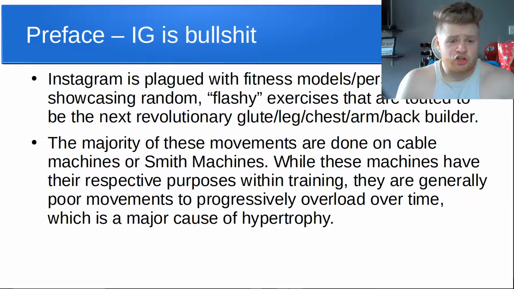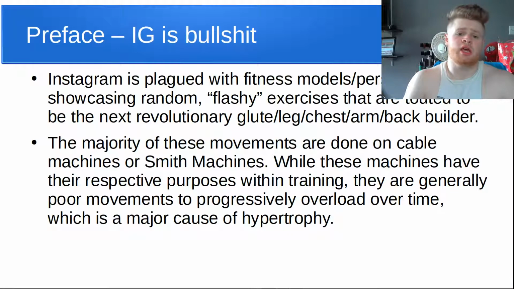For the first thing, Instagram is for the most part bullshit. When you go on Instagram and look at all these fitness pages, they're plagued with fitness models or personalities doing random flashy exercises, talking about how they're the next great glute builder, leg builder, chest builder, arm builder, whatever. This is very, very common in the female fitness industry. I don't normally like to think of the fitness industry as separate between males and females, but this is very common within the female industry.